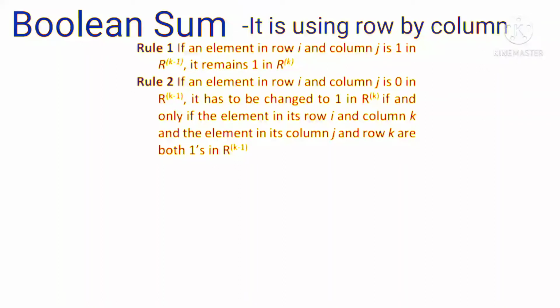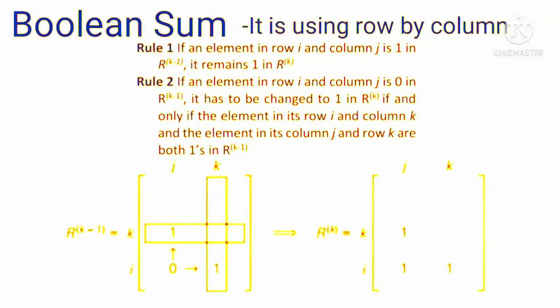Rule number 2: if an element in row i and column j is 0 in R to the power of k minus 1, it has to be changed to 1 in R to the power of k if and only if the element in its row i and column k and the element in its column j and row k are both 1s in R to the power of k minus 1. So this is now the form.